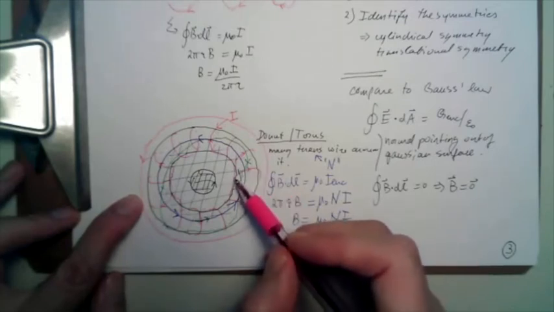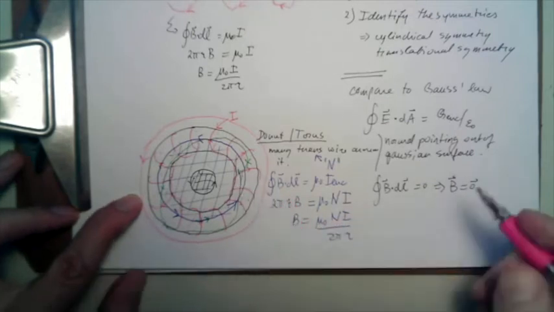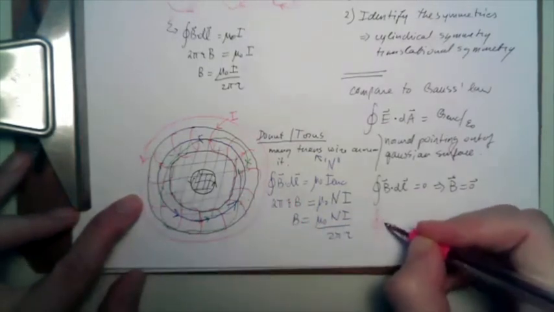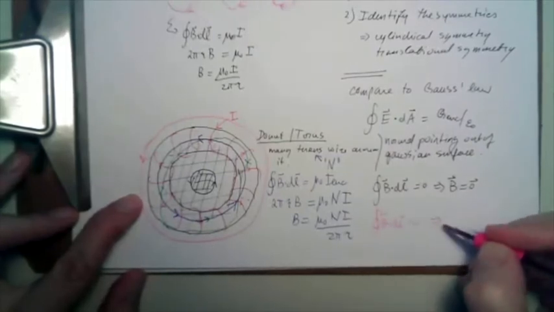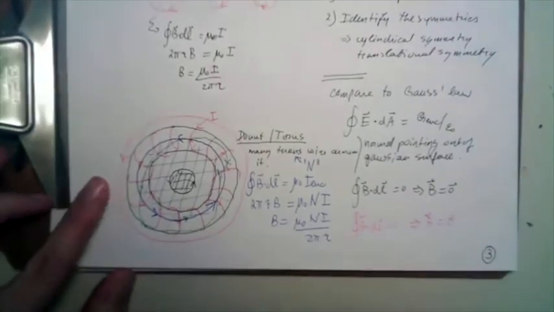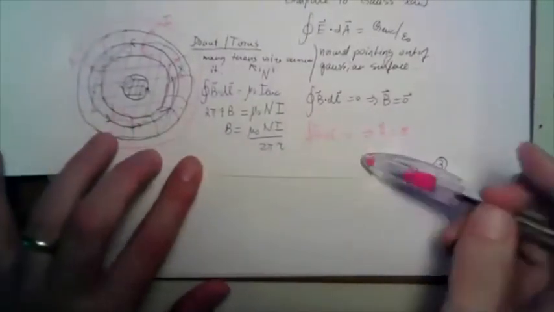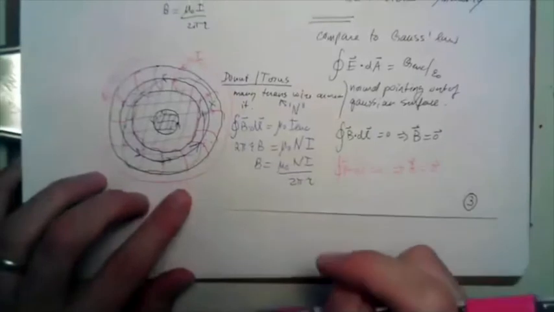So therefore, there is no net current. So also, B dot dl is 0, so therefore B is 0. So that's quite nice. Okay, so that's the field of a torus.